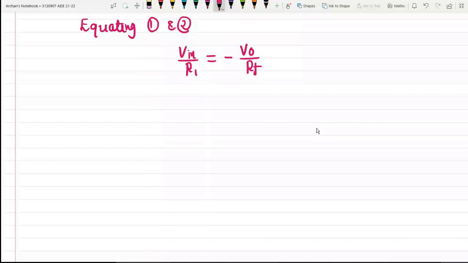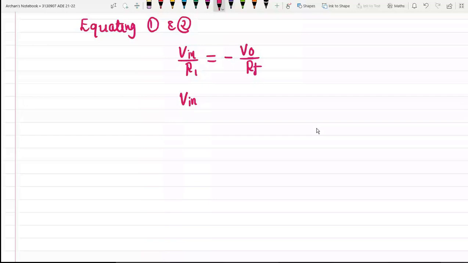This is what our equation is, right? So suppose I take this V0 from the right hand side of the equation to the left hand side. That means V in by V0 is equal to minus R1 by RF.